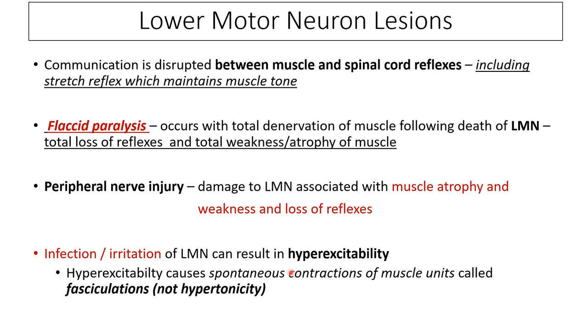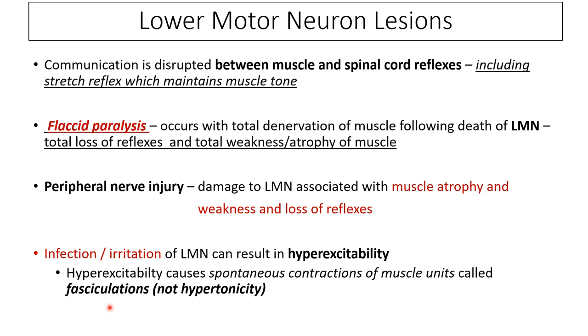And so you may see these spontaneous contractions of muscle units within the muscle that's known as fasciculations. It's quite common with lower motor neuron, peripheral nerve, spinal nerve irritation. It'll cause little twitching, little fasciculations in the muscle.